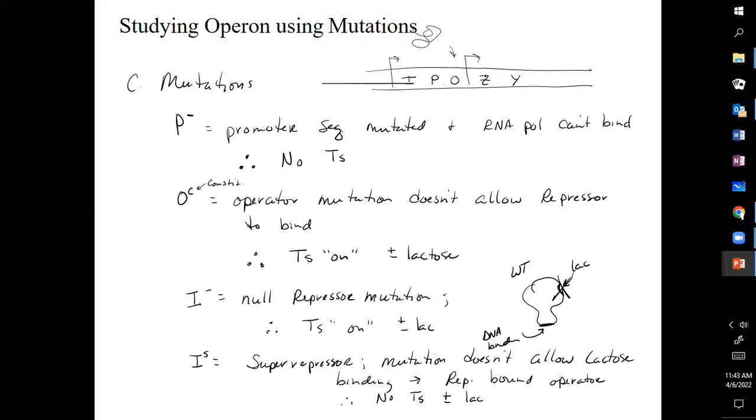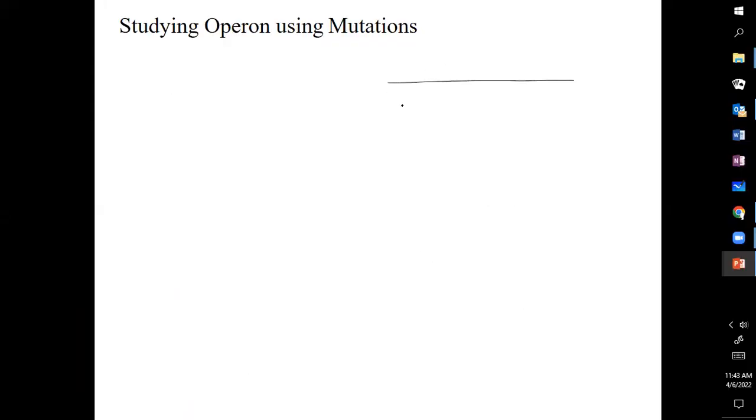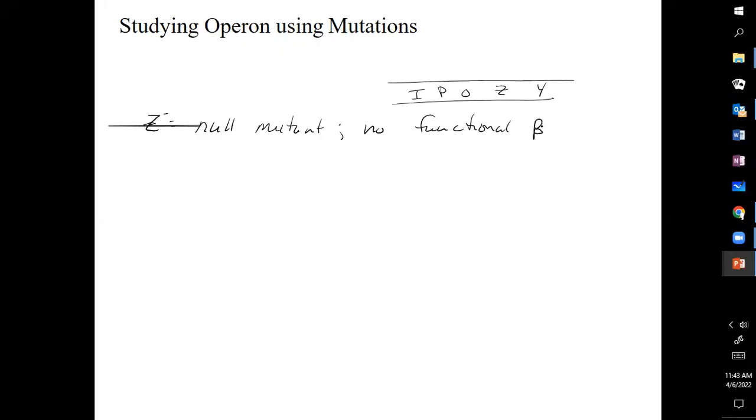And then we can have mutations to the structural genes themselves. So let me clear this out. You can have mutations to these genes themselves. A Z- mutation is a null mutant where you get no functional beta gal.